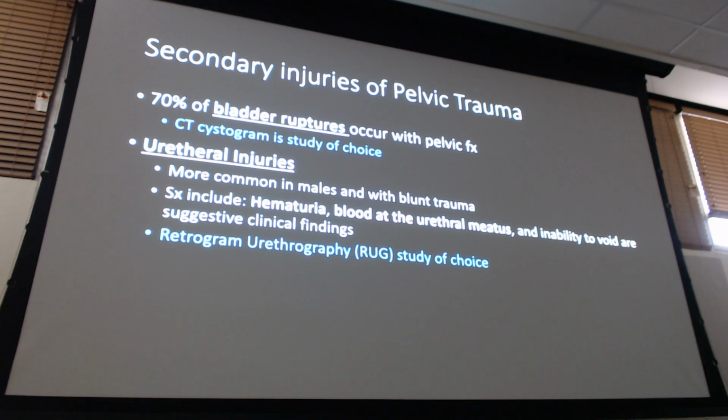If there is blood on a male or a female at the urethral meatus after a trauma, you should be concerned for urethral injury. The retrograde urethrography is the study of choice. We will look at some of those pictures and see what they look like. I'm not going to make you interpret that, right? We're going to see what abnormal is, but you need to know what to order if you're concerned about an injury in that area.